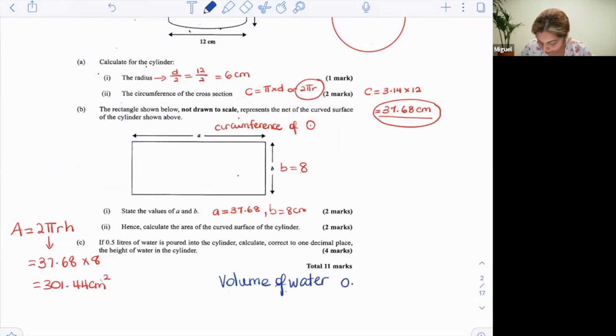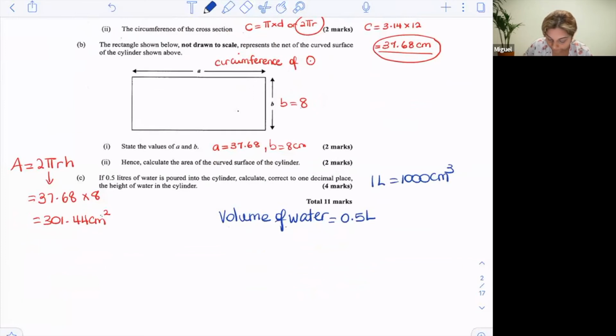This is 0.5 liters. We need to change liters to centimeter cube. So 1 liter is 1,000 centimeter cube. Find for me how much is 0.5.